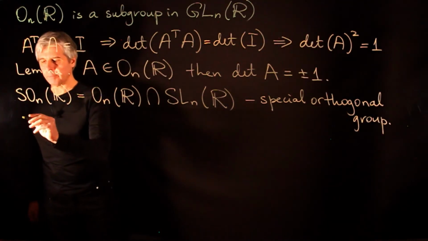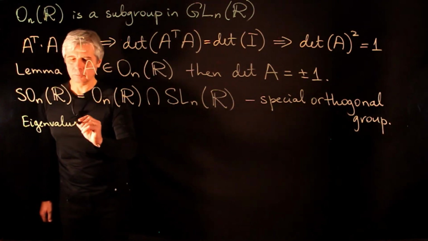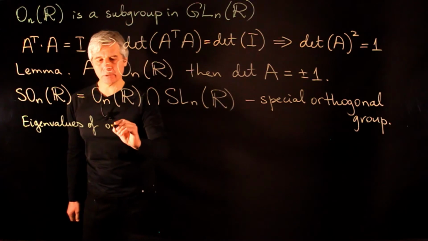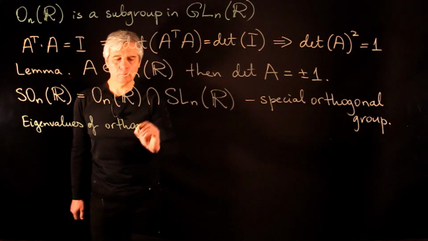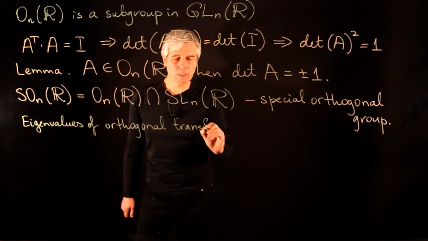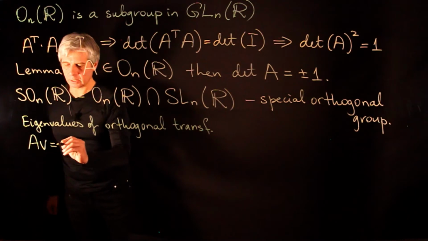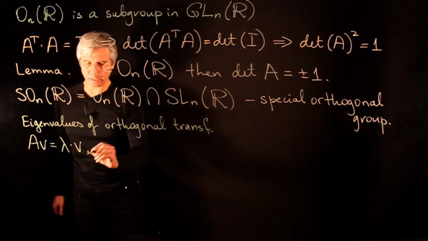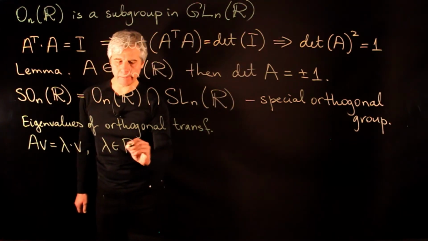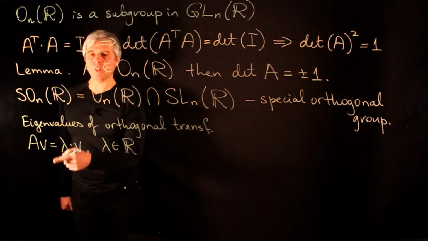What can we say about eigenvalues of orthogonal transformations? Well, suppose AV is equal to lambda times V, where lambda is a real number. Then we know that orthogonal transformations preserve lengths.